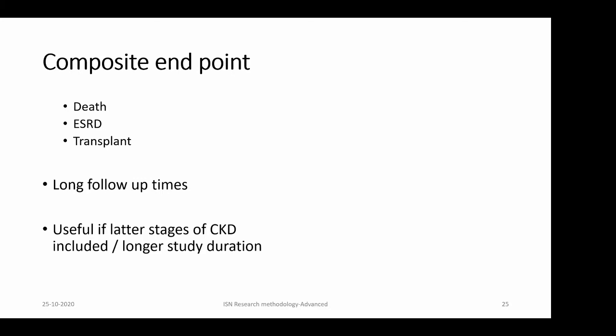But you should remember that if we include patients over a wide range of kidney disease, say you are including CKD1 to CKD4 or CKD3, and if you include a 50% reduction in GFR, most of your patients will attain that endpoint rather than death, ESRD and transplant. So sometimes more relevant endpoints like death, ESRD and transplant might get diluted if you include a GFR based criteria.